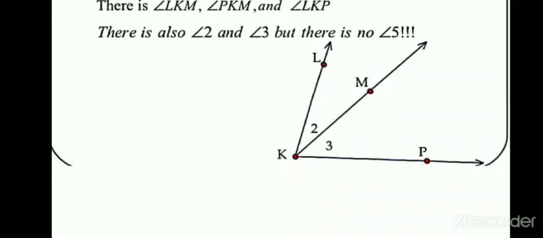That means angle 2 and angle 3 meet at the same point K. So these two angles cannot be represented by a single letter K. If you say angle K, it refers to both angles, angle LKM and angle MKP. But if you say angle LKM or MKP, it represents only a single angle, one angle.